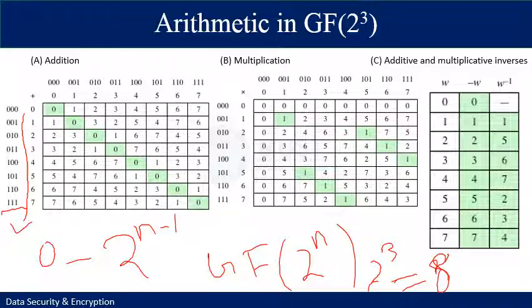In this case, the number of occurrences of non-zero integers is uniform for the multiplication. If you compare this table with the previous lecture's table of arithmetic modulo 8, you can see the difference in the occurrences of numbers.